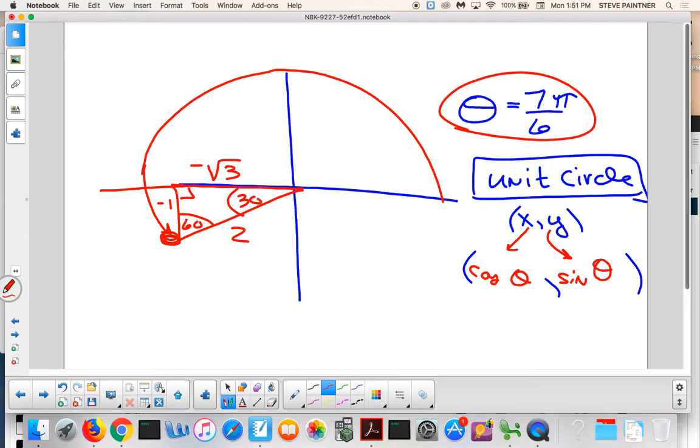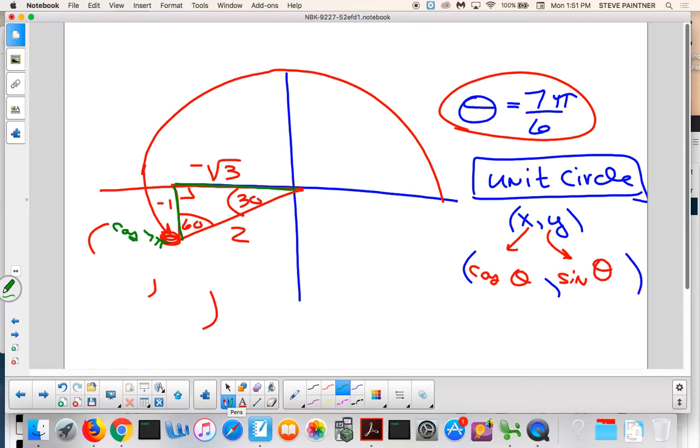So what's the ordered pair? Now here's what some of you said. You went, oh, it's got to be left -√3 and down -1, and that is not correct. You can't do that. In the unit circle, it's always going to be the radius.